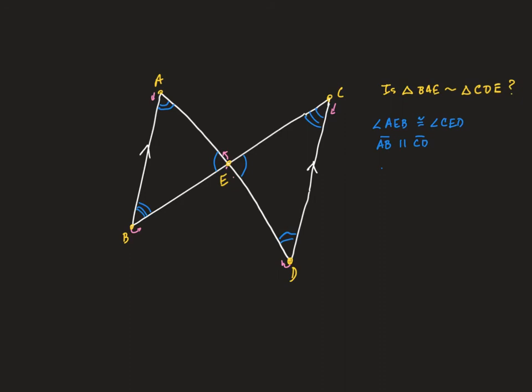So the orientation is a little bit skewed, but they are similar triangles. For example, angle D corresponds to angle A. Angle B corresponds to angle C, and then of course angle E corresponds to itself. So just keeping that in mind, that the orientation has to be sort of manipulated for those visual learners.